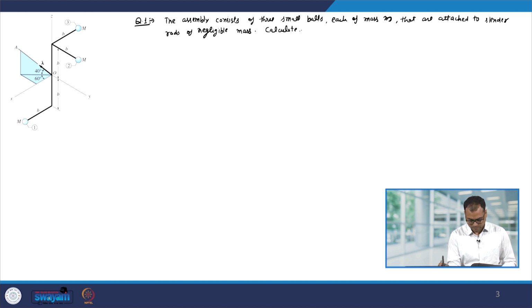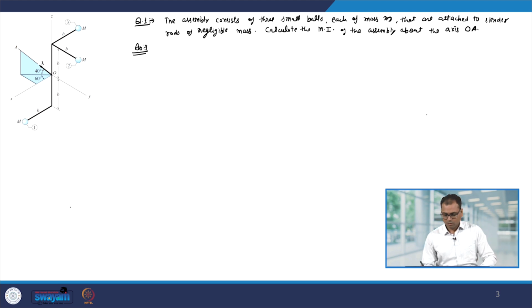Calculate the moment of inertia of the assembly about the axis OA.